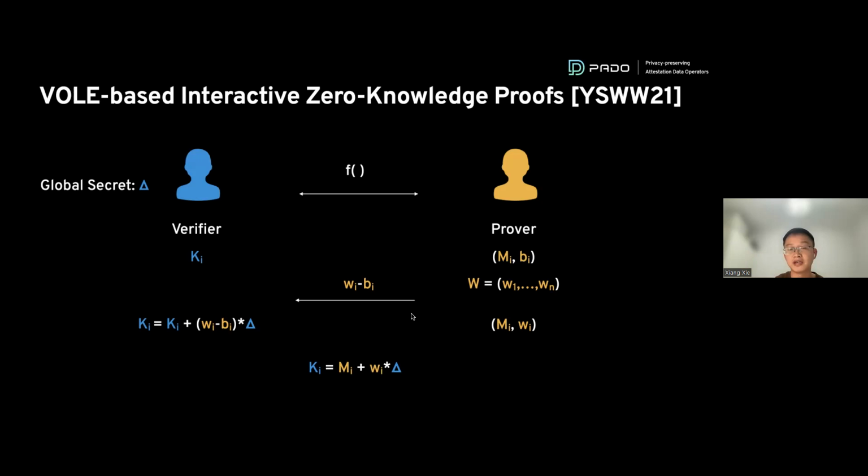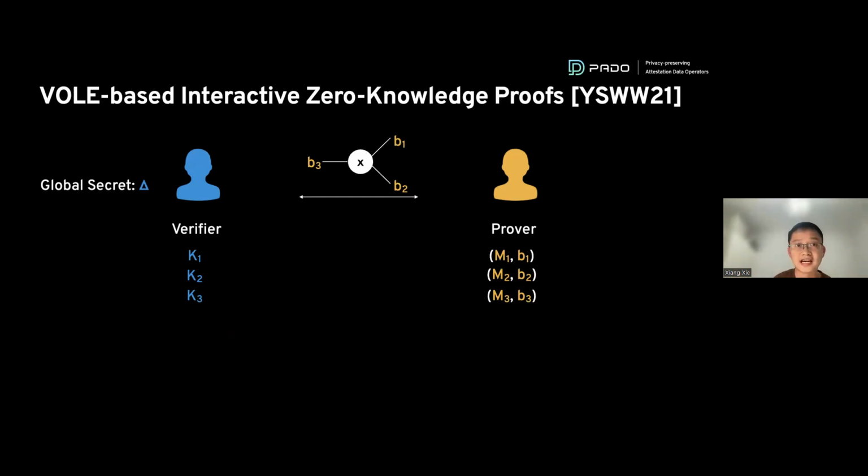This is safe because bi is random, so the verifier cannot get any information on Wi. At the end of the protocol, the verifier and the prover get an IT-MAC of Wi, which is a commitment of Wi. This linear relation is also additively homomorphic, so if it's an XOR gate, you can just locally XOR all these numbers.